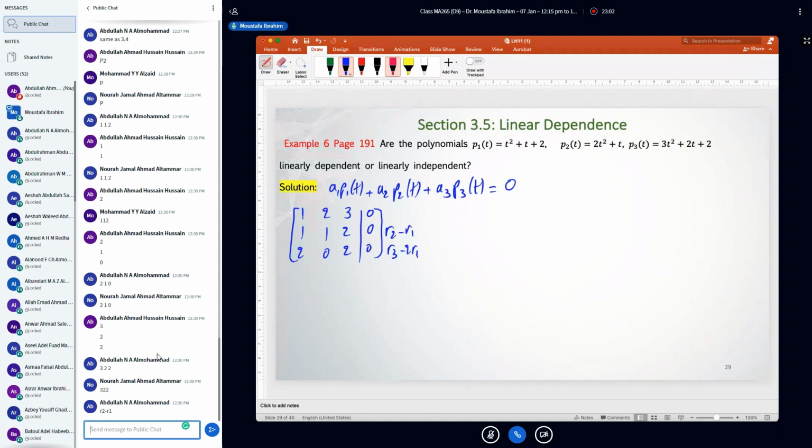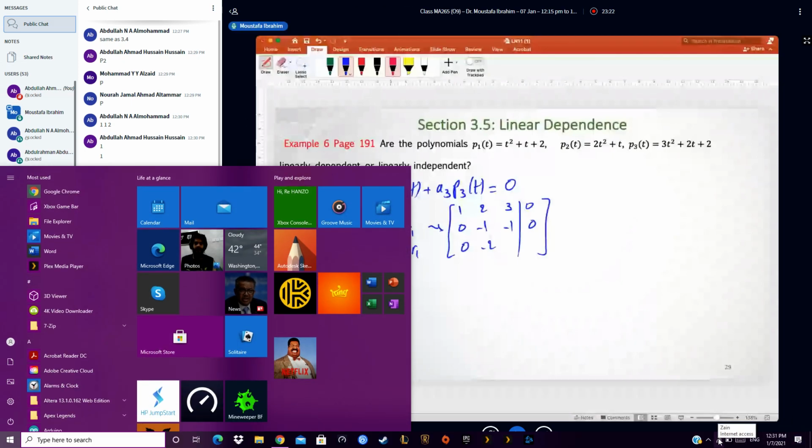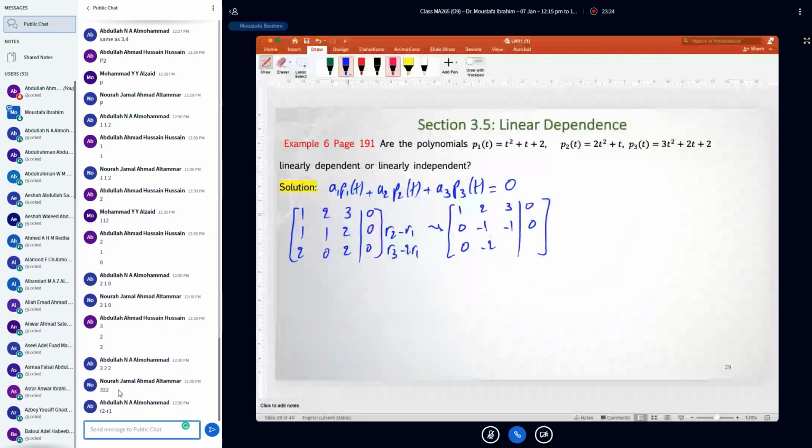So we get the same first row: 1, 2, 3, 0. Now minus 1 plus 1 is 0, minus 1, minus 1, 0. Then 0, minus 2, minus 6 plus 2, which is minus 4, and 0.